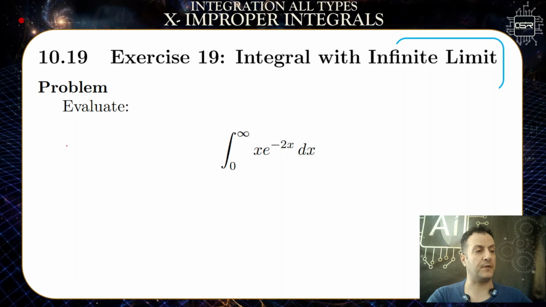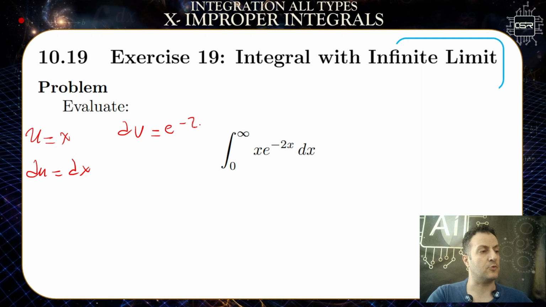Integral from 0 to infinity of x e^(-2x) dx. Let's solve it by using integration by parts. So let u be equal to x, du equal dx, dv equal e^(-2x), hence v equal -1/2 e^(-2x).